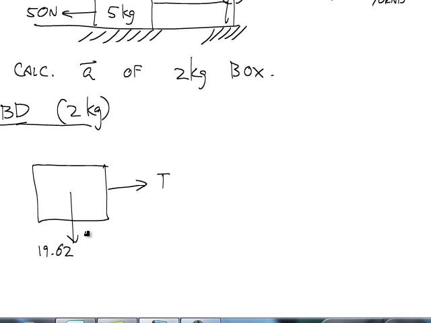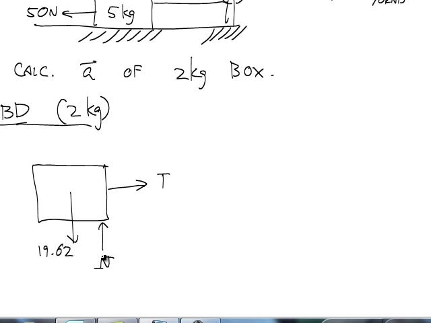What forces? There's a normal force, so call that N, and then there's a friction force. This is kinetic friction, so it's going to be opposite the relative motion of those two bodies.